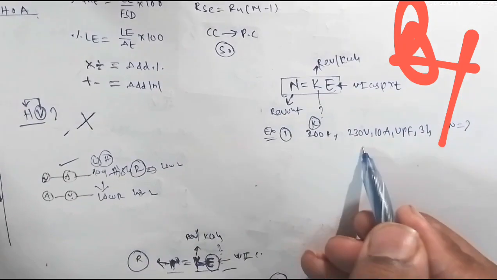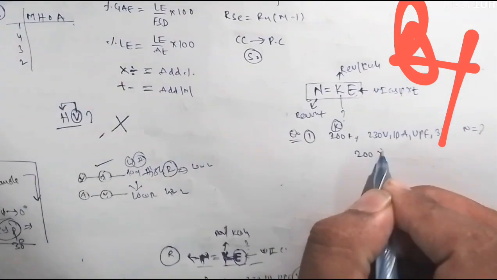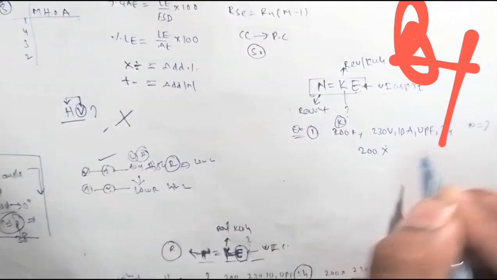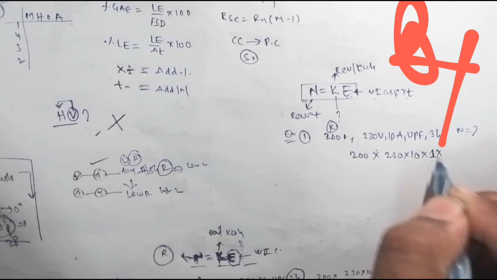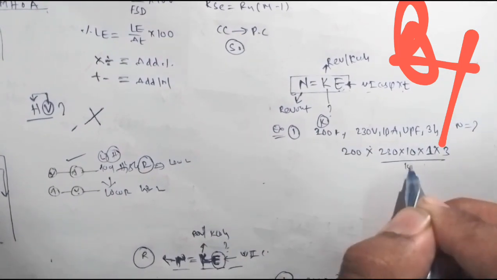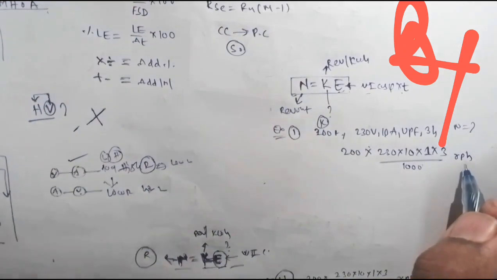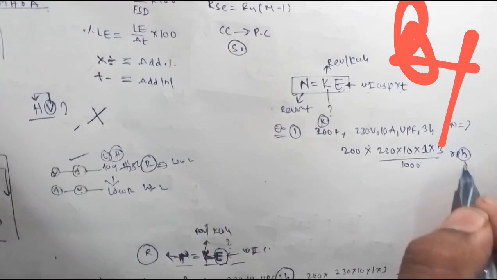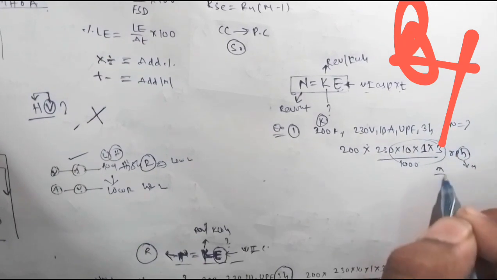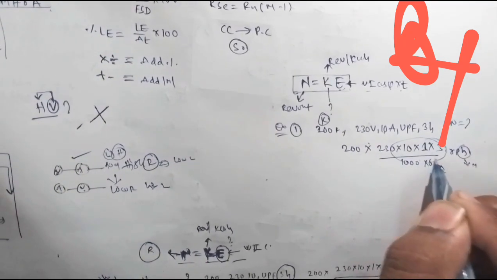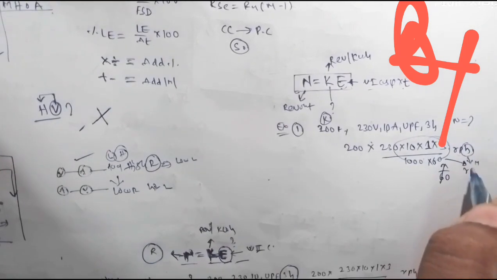We substitute all the items here: 200 into the energy formula VI cos phi, 230 into 10 into unity power factor 1 into 3 hours by 1000. It comes in RPH. If we need it in minutes, we substitute by 60 and obtain RPM.